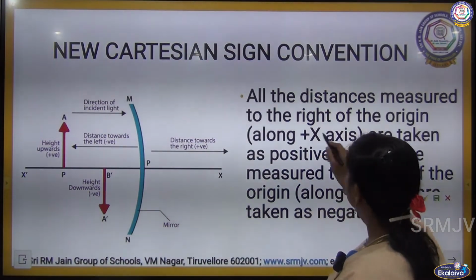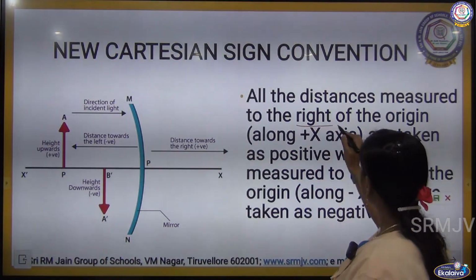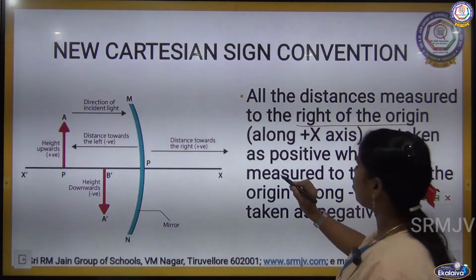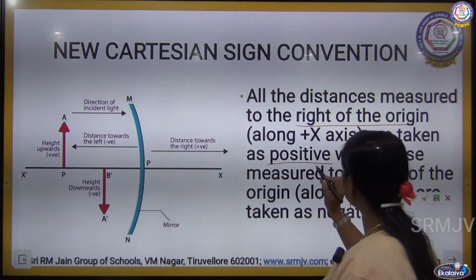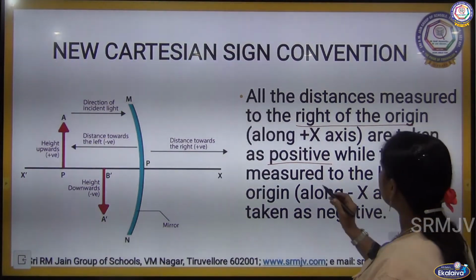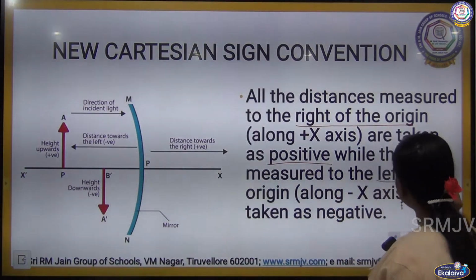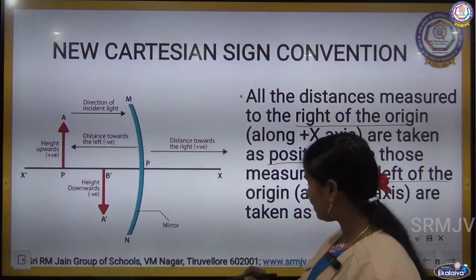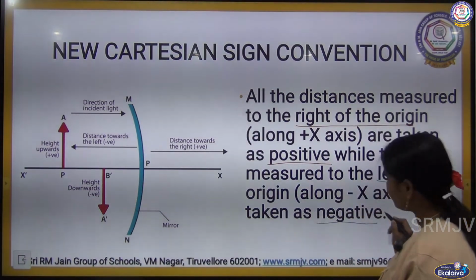All the distances measured to the right of the origin are taken as positive, while those measured to the left of the origin are taken as negative.